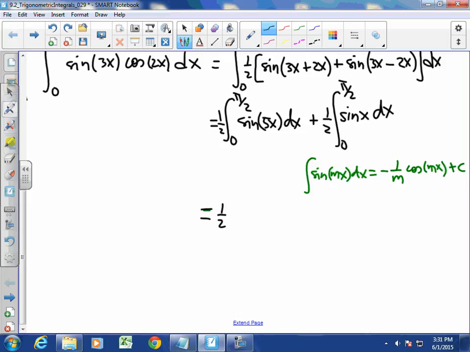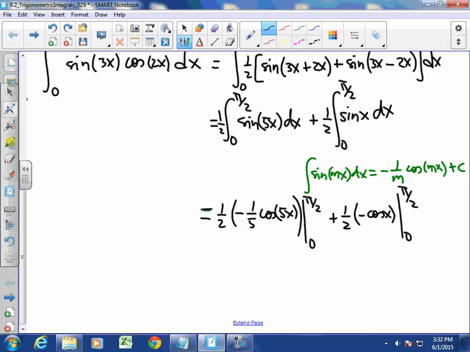The integral of sine of 5x will be negative 1 over 5 cosine of 5x. Now remember, we are evaluating from 0 to pi over 2, then plus 1/2 times the integral of sine x, which is negative cosine x. Again, we are evaluating from 0 to pi over 2.